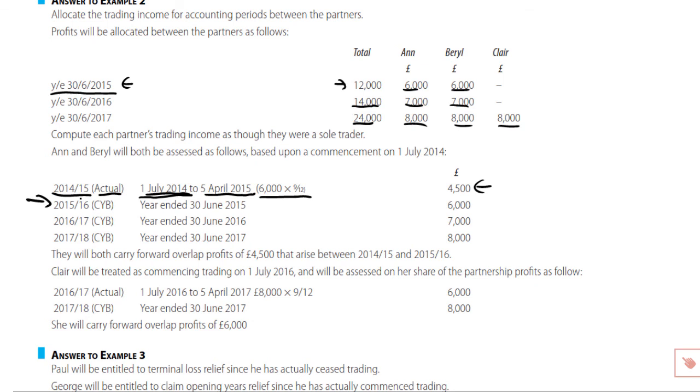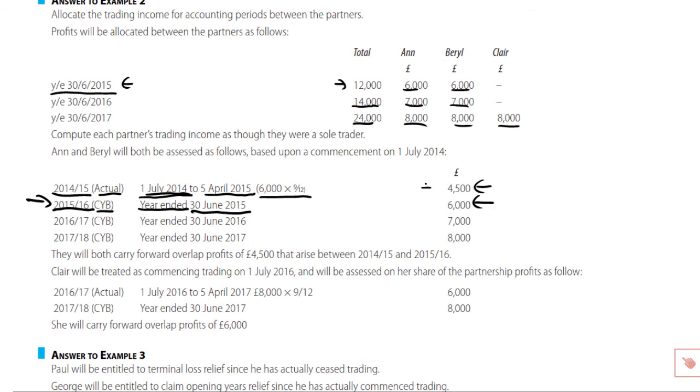We do find we have an accounting period end date, the 30th of June 15, ended in the 15/16 tax year, and what is more, it's an accounting year end, and because it's a year end, we use CYB. What are those profits? Well, as we've already seen, £6,000, and that of course then gives rise to an overlap profit.